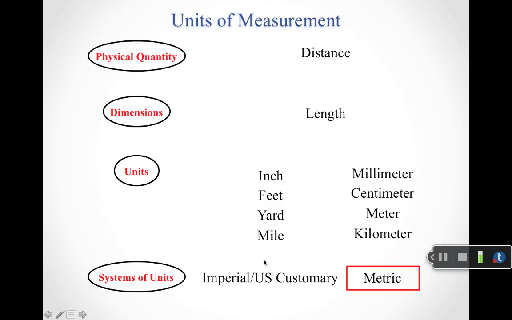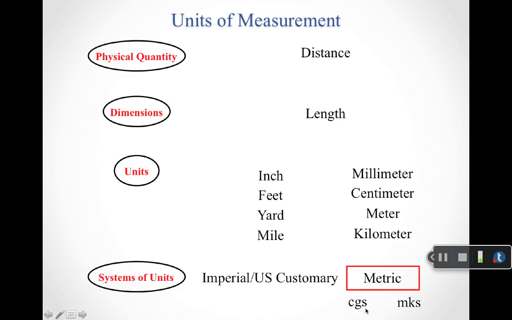Millimeter, centimeter, meter, and kilometer are all metric units. And of course we're going to end up using metric units. We'll want to be able to convert from English or US units into metric units to do our calculations.